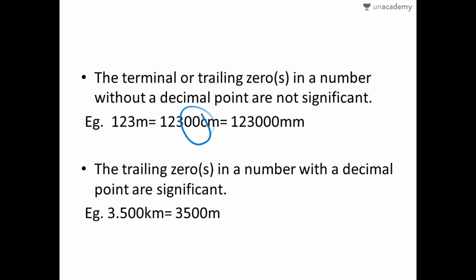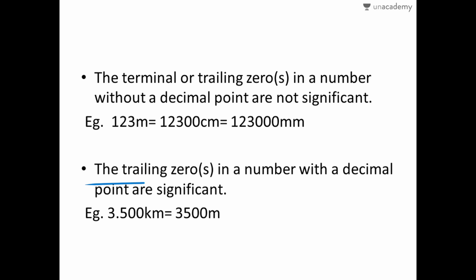Thus, if these zeros were counted, then the significant figures would have changed. And so we say that the trailing zeros are not considered as significant figures unless there is a decimal point.